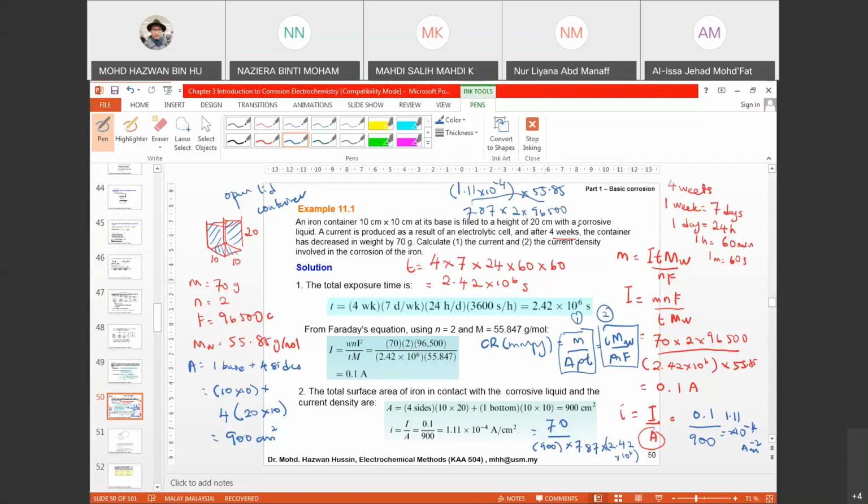Okay. Got the same value? Okay. MMPY, don't forget the unit.